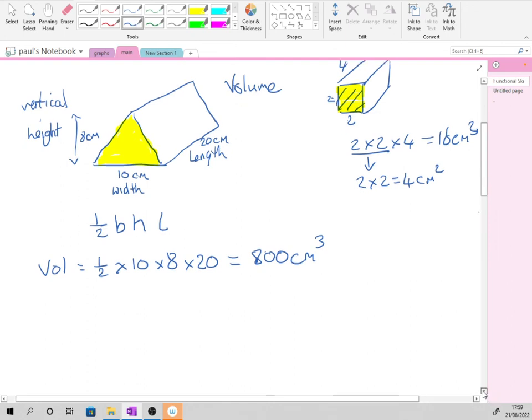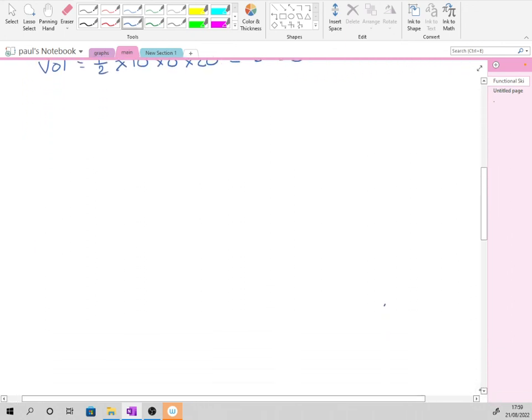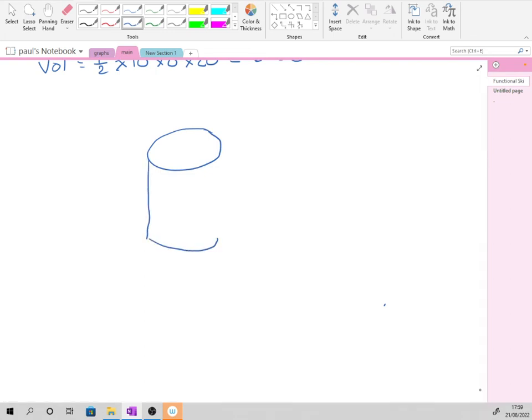Now, the other shape that we wanted to do was the volume of a cylinder. Now, we're going to need the height.